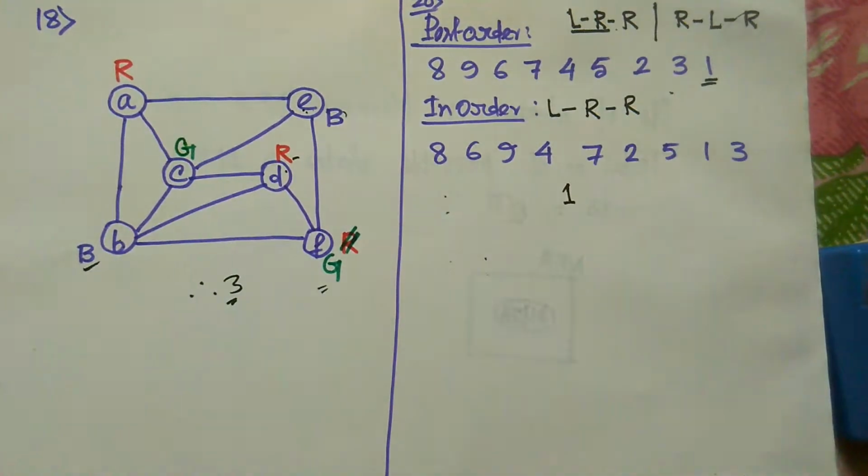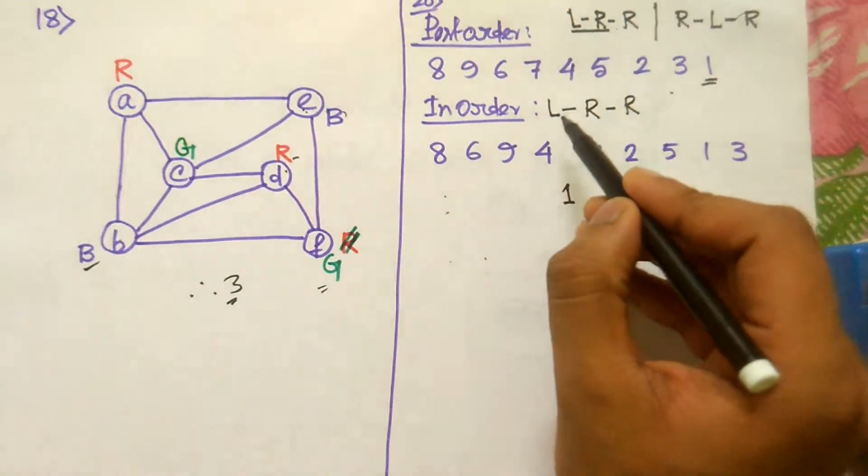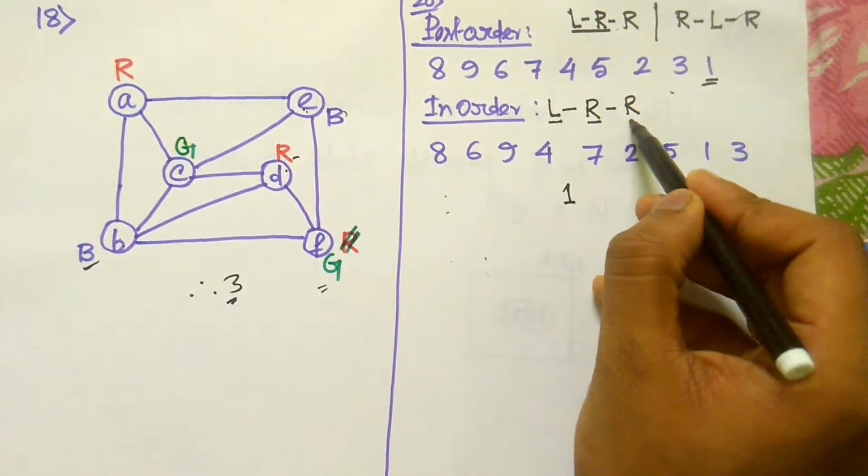Please remember this: the left tree is always traversed before the right, and the name of the traversal refers to when the root is traversed. So in post order we traverse the root at the end, in order we traverse the root in the middle, and pre-order we traverse the root first. So for in order the sequence is left, root, right.